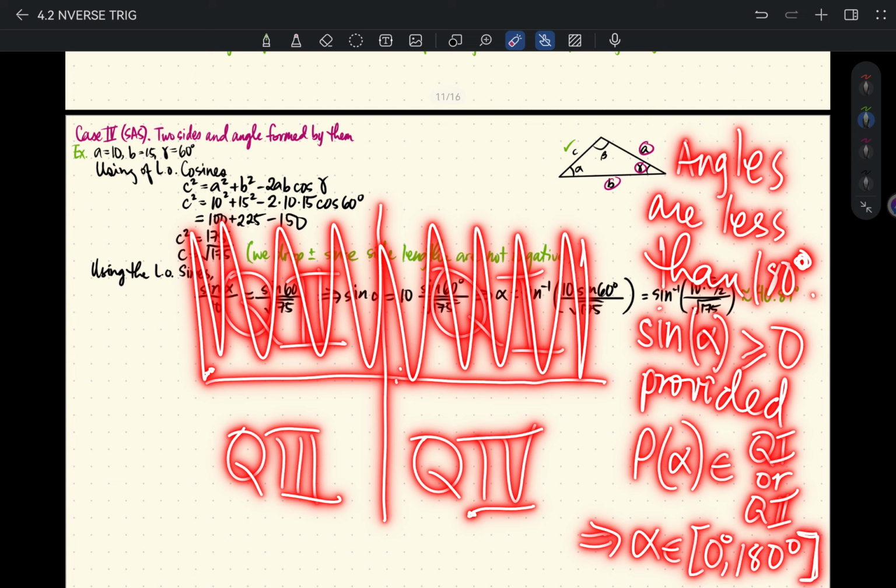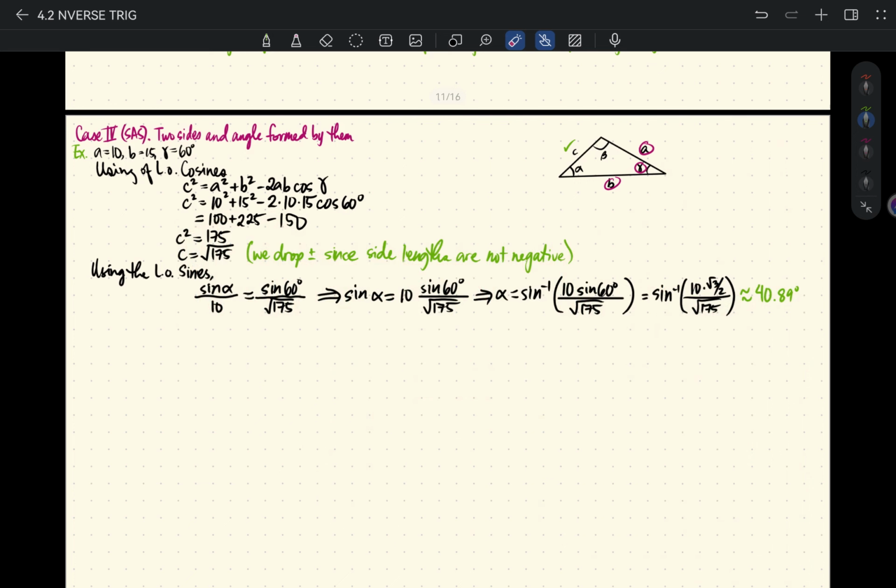So what does that mean? We are not just looking at this alpha right here, but we are also considering this another value here, alpha bar. Now you might ask me, why didn't we do that for cosine?